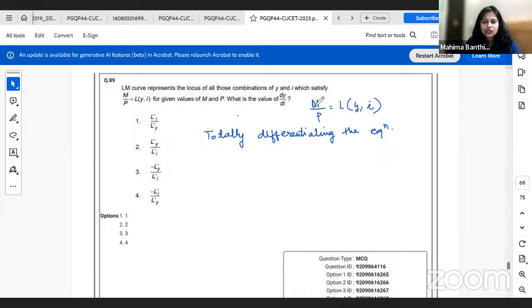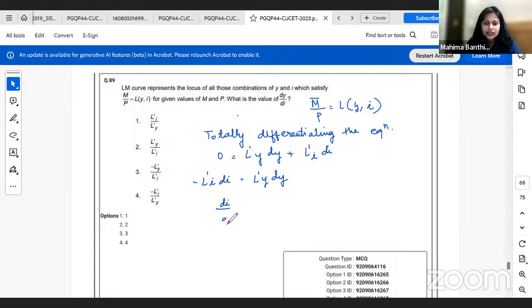Okay, so this is a constant, so total differentiation would give me 0. This would give me L prime y dy plus L prime i di. L prime y is the first derivative. So I get minus L prime i di is equal to L prime y dy.